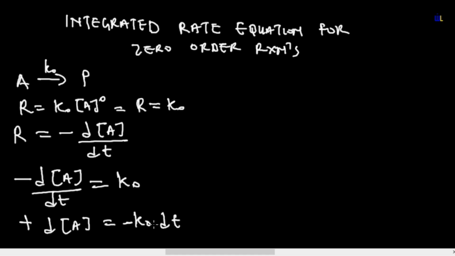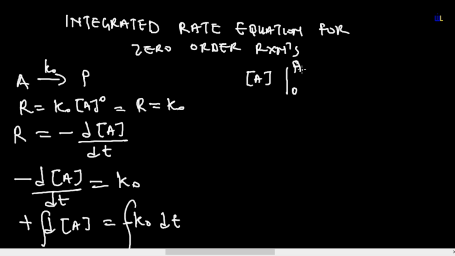So let's continue. Remember, integrated rate equation implies that you're going to be integrating. So we're going to be integrating this particular term for a given set of limits of initial and final, and also integrating this other term too. If you do the integration of change in concentration of A, it would exactly give us the concentration of A for a given limit of the initial concentration and the final concentration.